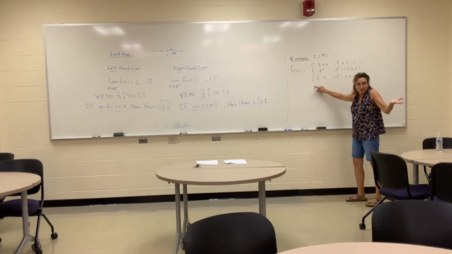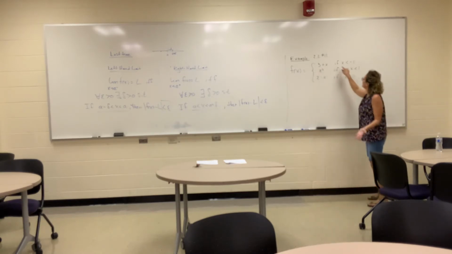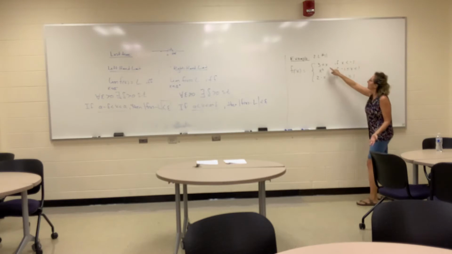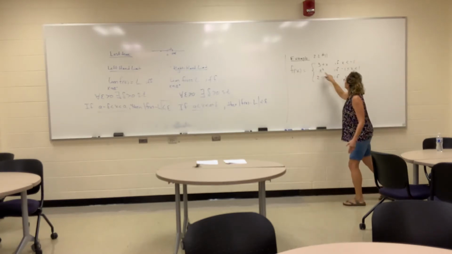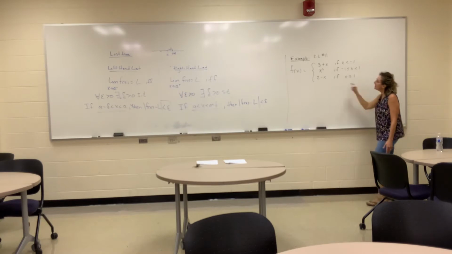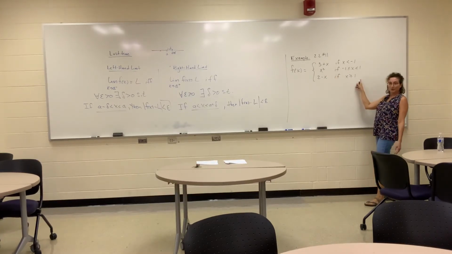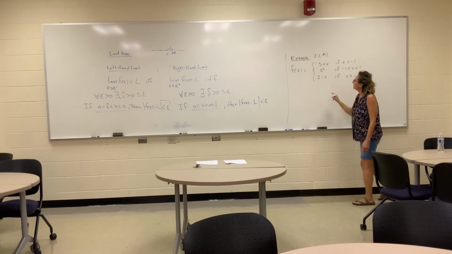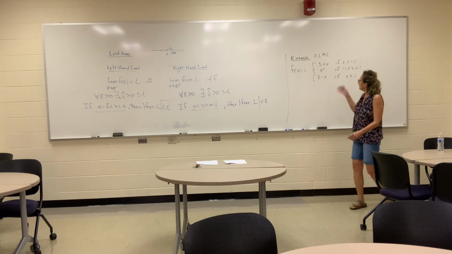Why is it called piecewise? Because it's defined in pieces. For one piece, when x is less than -1, the function is equal to 3 plus x. For another piece, when x is in this range, the function is equal to x squared. And for another piece, when x is bigger than or equal to 1, the function is this linear function.